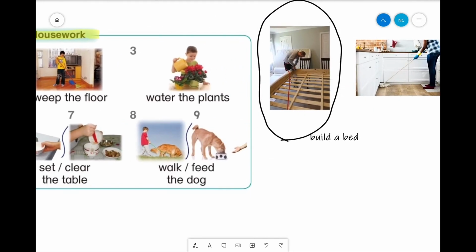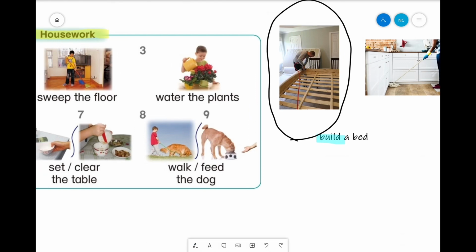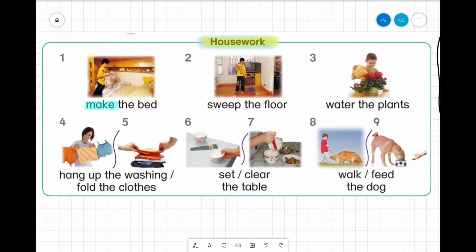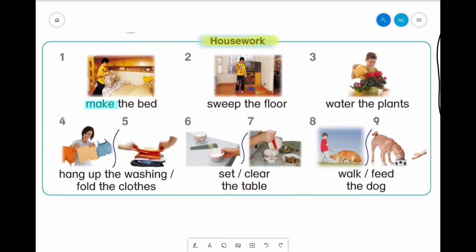And of course here, the action word is build. It's not make anymore. So if you're building a bed, no, you're not doing housework. But if you're making the bed, it means that you are trying to make the bed tidy and neat. You're folding the blanket or putting the blankets on top of your bed to make it nice and neat and tidy.